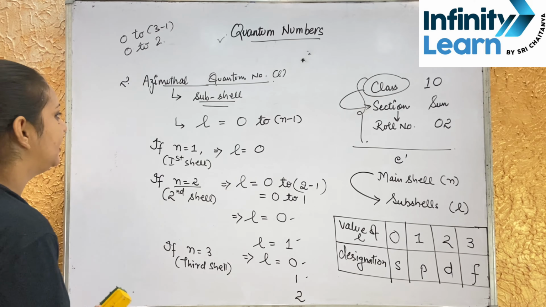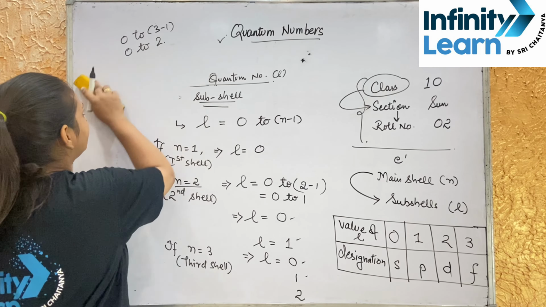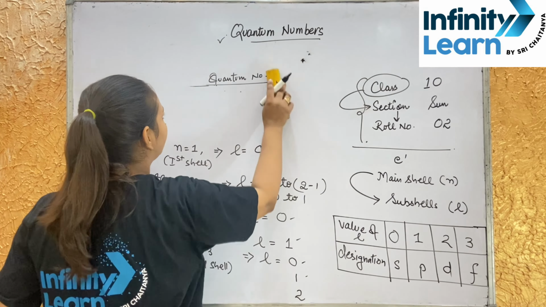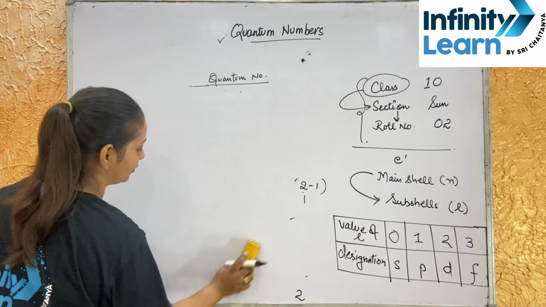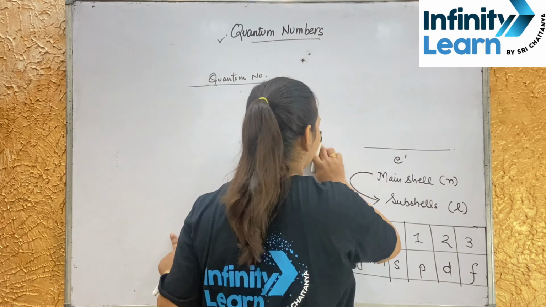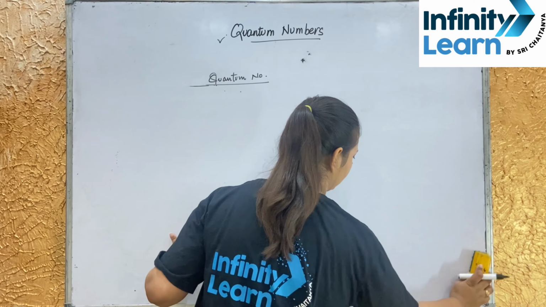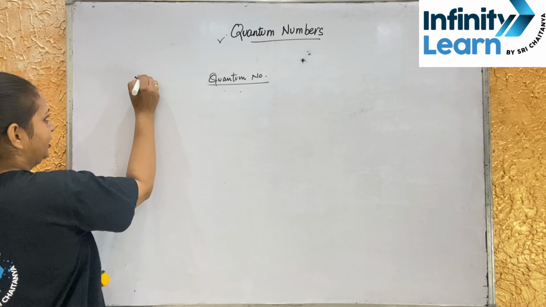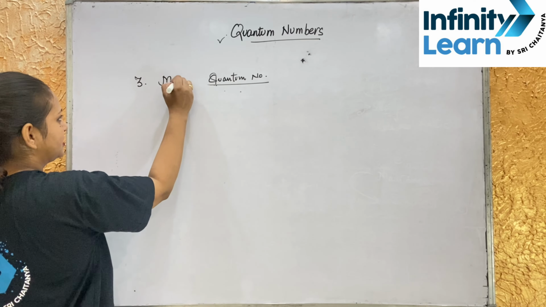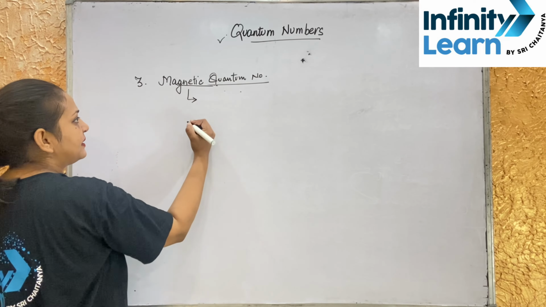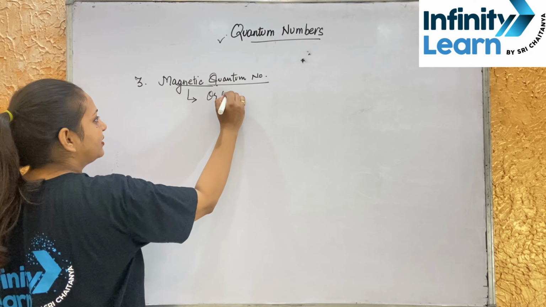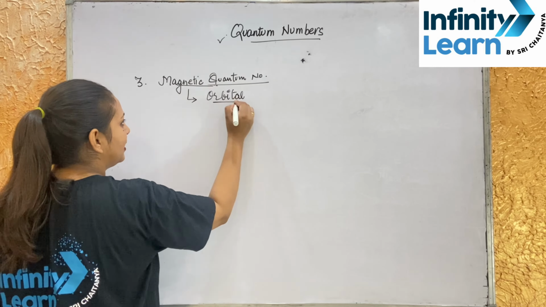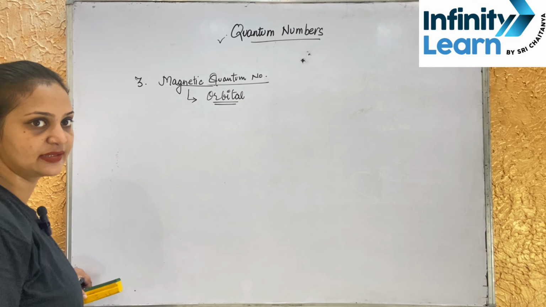Now moving ahead to the third quantum number. The third quantum number is the magnetic quantum number. It describes the orbital in which the electron resides.